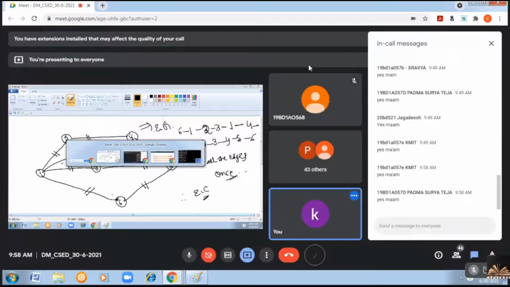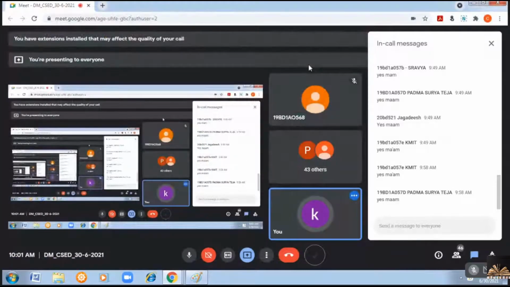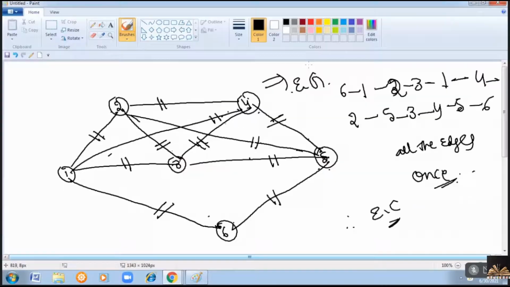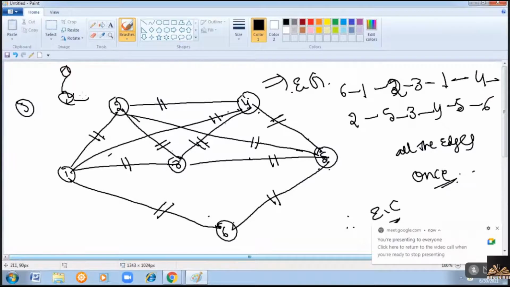But what happens with this approach is, consider the second example which I gave you, something like this: 1, 2, 3, 4. When you observe this example, we have to check all the possibilities to decide that it is not an Euler graph.